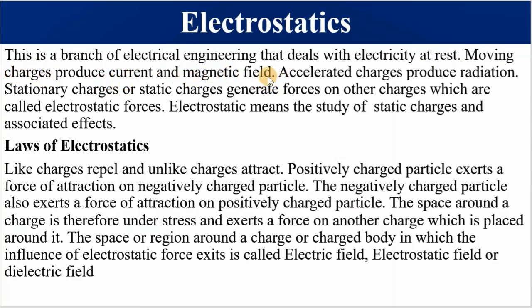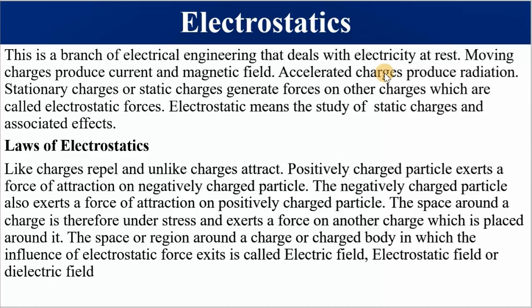We know that a wire that is carrying current is surrounded by a magnetic field. Then we also have accelerated charges that produce radiation. For example, if we cause the charges to accelerate or to move very fast, we will radiate electricity in the space surrounding the medium that generates the radiation.